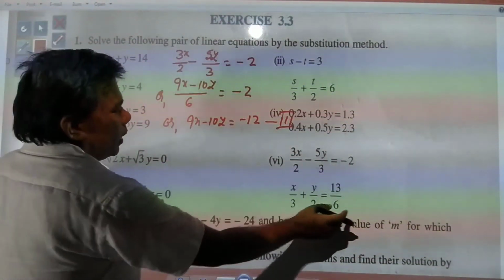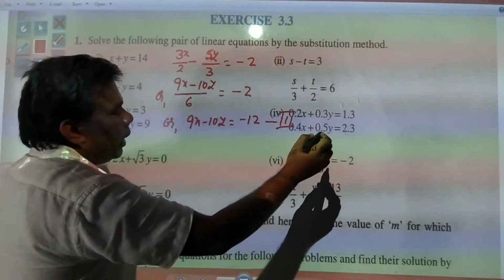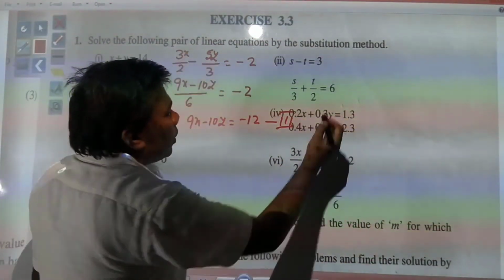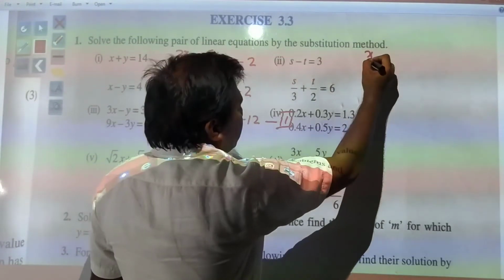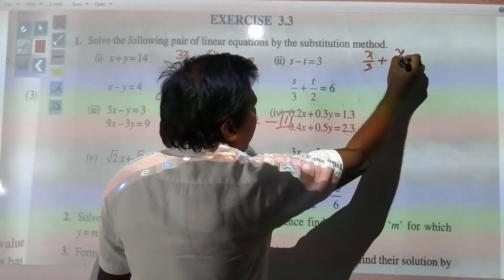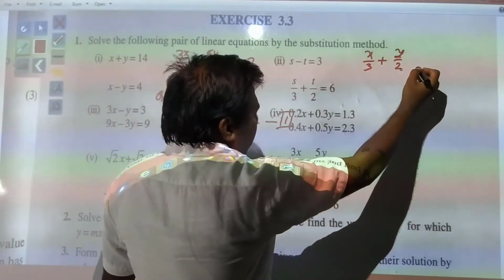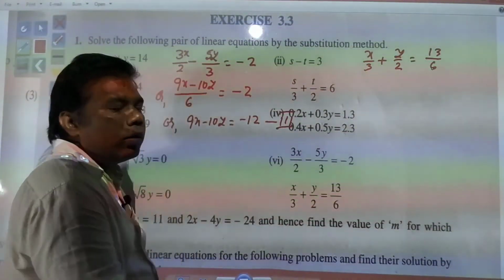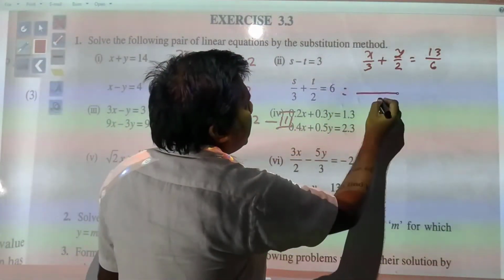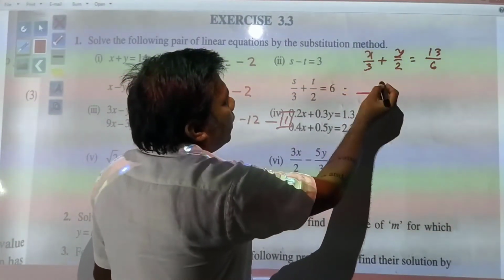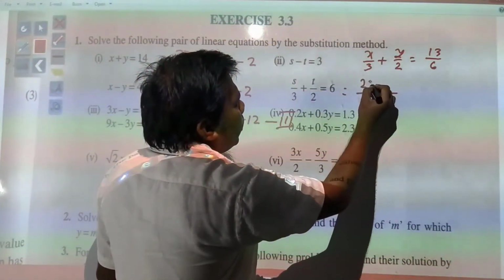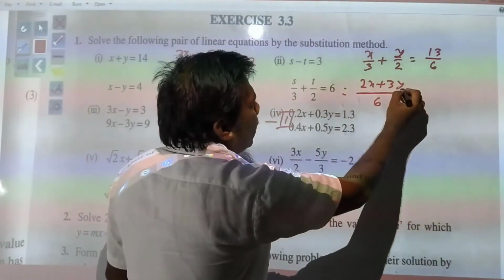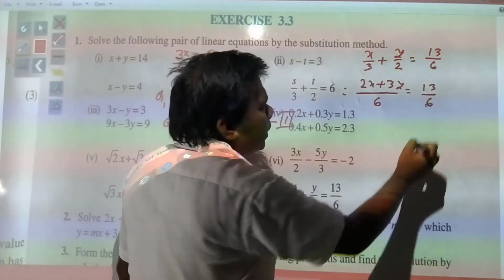In the same way, this is required to be simplified. Your LCM, here you see you have x by 3 plus y by 2 is equal to 13 by 6. So now your LCM is 6, and 3 2s are 6, 2x plus 3y is equal to 13 by 6.